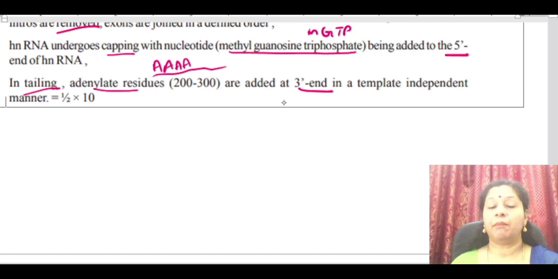So there are 3 post-transcriptional processes involved here. One is splicing, that is removal of introns. After that, capping at the 5' end with an unusual nucleotide, and tailing at the 3' end by adding 200 to 300 adenylate residues.